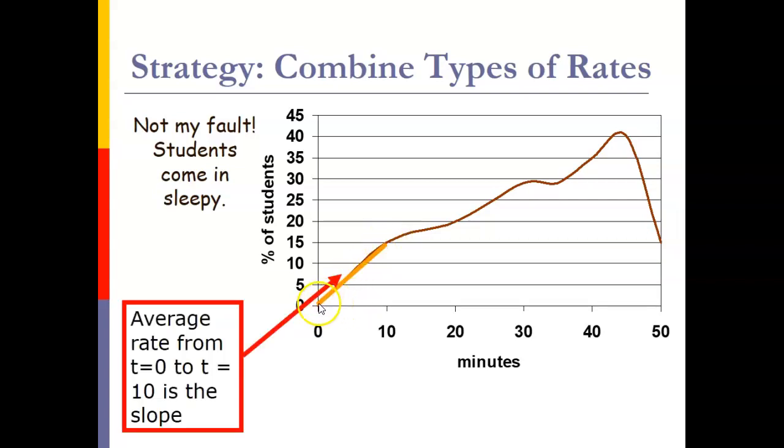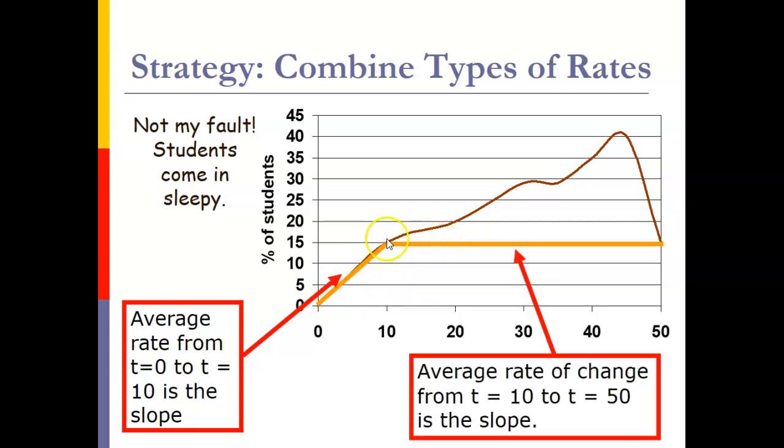So for the first 10 minutes, I have an average rate going from 0 to 10, and that's kind of indicating it. But now look at what happens if I combine it with this one going from 10 to 50. That 10 to 50 is a slope of 0. So just using those two slopes, those average rates, if you didn't know what the graph looked like, the professor could have argued, hey, in the first 10 minutes they're coming in sleepy.